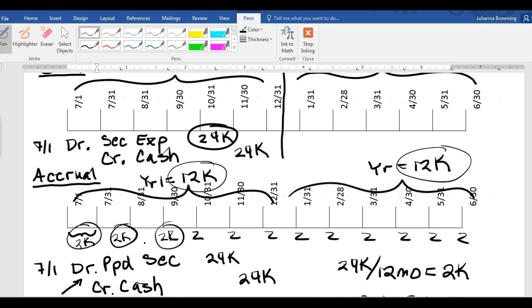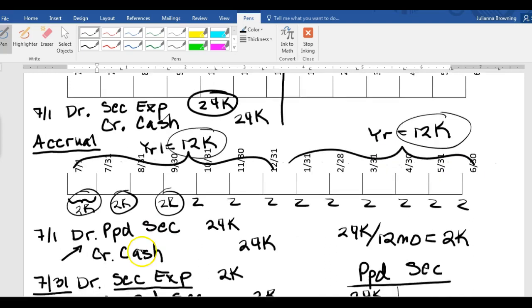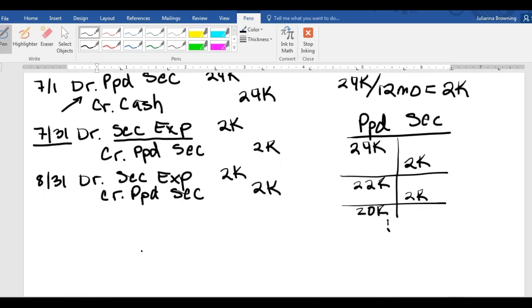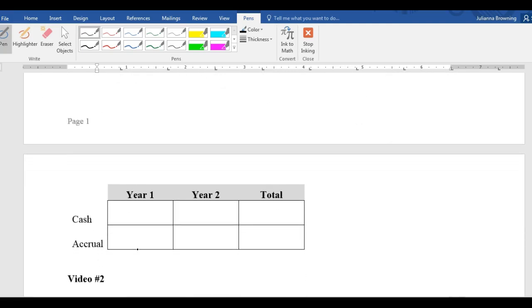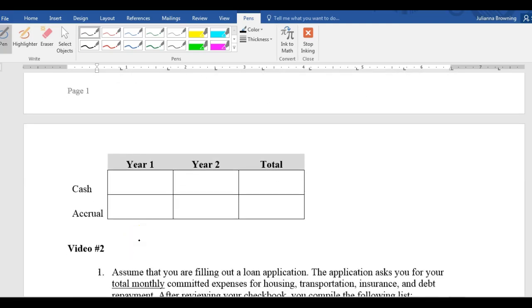But interestingly, and I couldn't get it all on this one page, if we do a little summary here, remember the cash basis, we had $24,000 that was in year 1, and we had 0 that was in year 2. Under the accrual basis, we had $12,000 in year 1 and $12,000 in year 2.